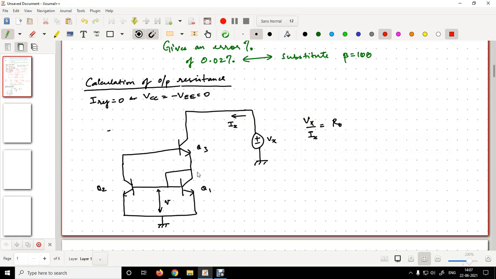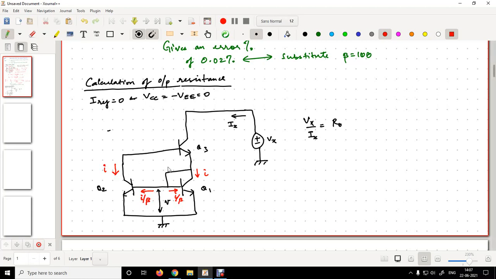Okay, I'll assume the current which is flowing here, by virtue of Vx, I will call it as I. Okay, so this current will be I by beta. Base current, collector current, right? Remember, we assume that Q1 and Q2 have the same currents flowing. So this current will also be I, which makes this current also I by beta, right?